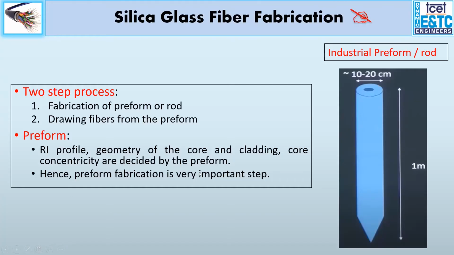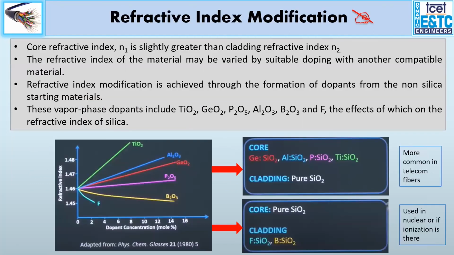Okay. So first we need to form a preform, which is a solid rod, a very thick rod, not in comparison with your optical fibers, which are say of 500 micrometer total diameter, but a solid rod with the required refractive index, the core and the cladding material that are being used. So how do you change the refractive index of the material?